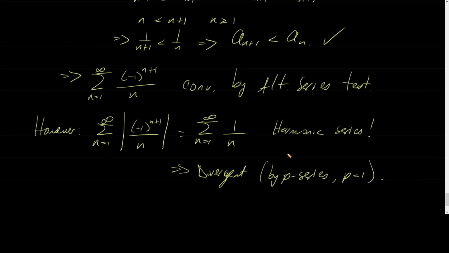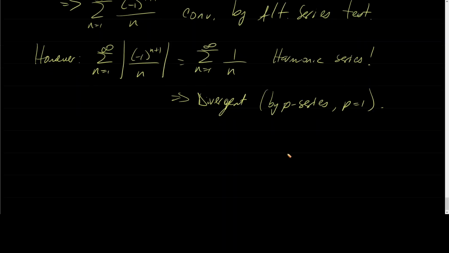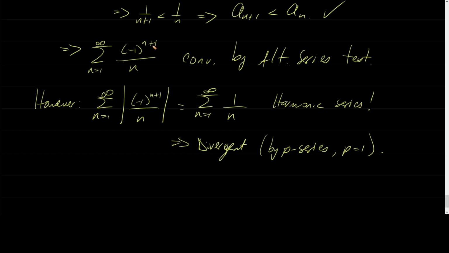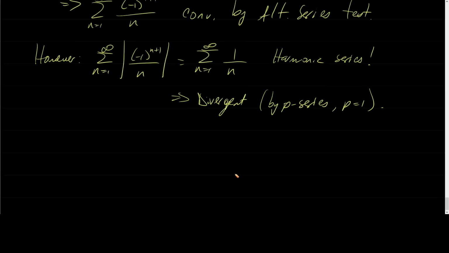This leads us to our next definition. Whenever we have a scenario like this, where the regular series converged but the absolute value version diverged, then we can talk about something called conditional convergence. So definition.